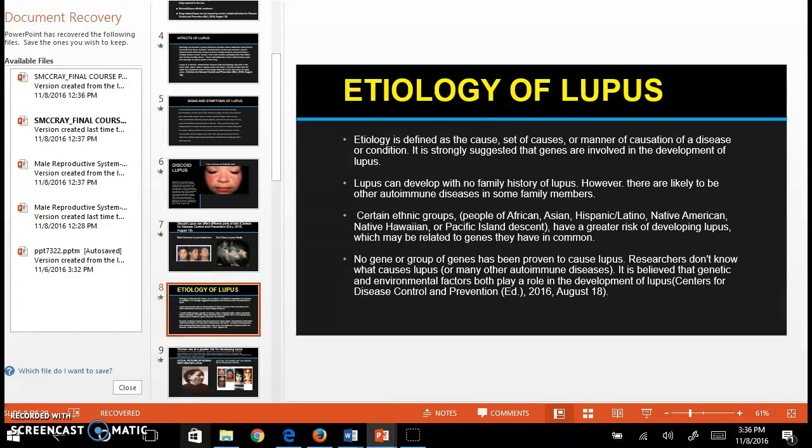Certain ethnic groups such as people of African descent, Asian, Hispanic, Native American, Native Hawaiian, or Pacific Island descent have a greater risk of developing lupus, which may be related to genes they have in common. No genes or group of genes have been proven to cause lupus. Researchers don't really know what causes lupus. It is believed that genetic and environmental factors both play a role in the development of lupus.